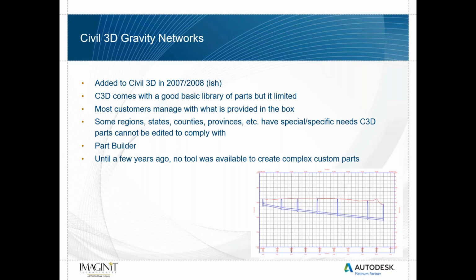What if we could use a product that's made for modeling pieces and parts and widgets, i.e. Autodesk Inventor, and what if we could use that to create our stormwater structures and utilize those structures not only inside of Civil 3D, but also inside of InfraWorks? So that is the tool.